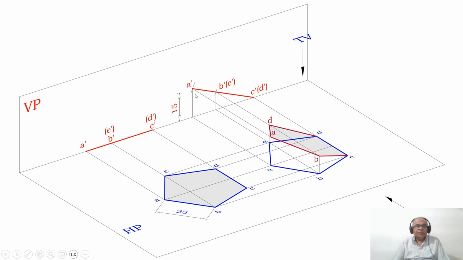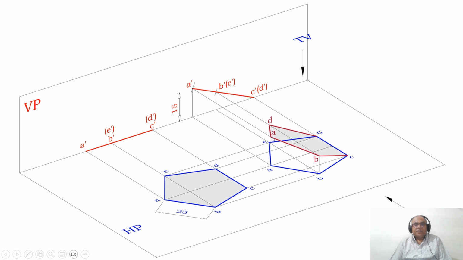How to do that now? Take any convenient distance, then you rotate this such that A is above HP by 15. Then you project these points vertically to the VP, and from B and D you will get this point. Similarly from A you will get this point. So you got this line.